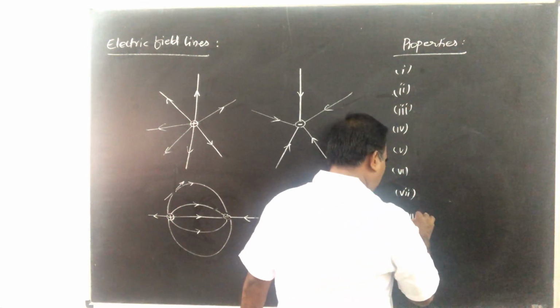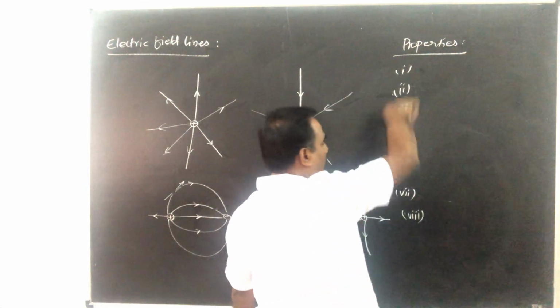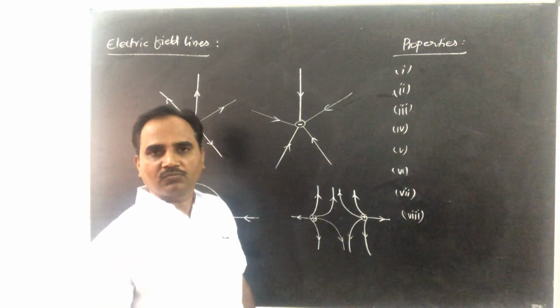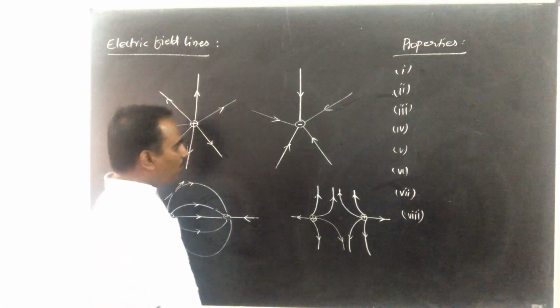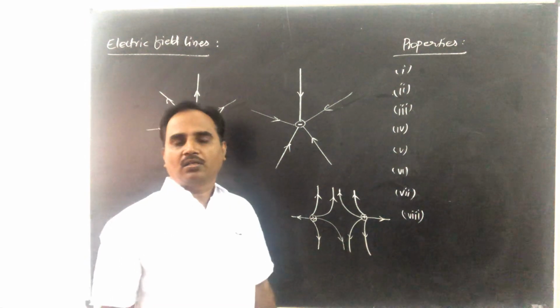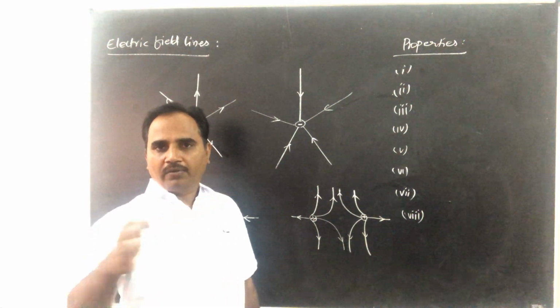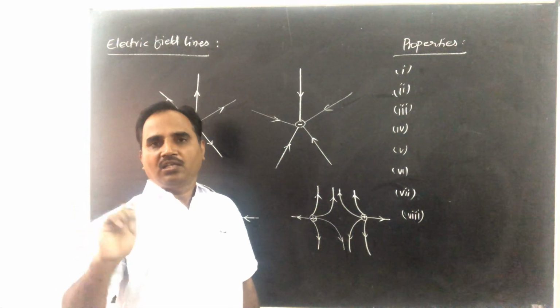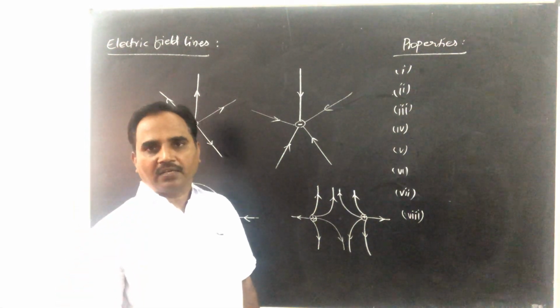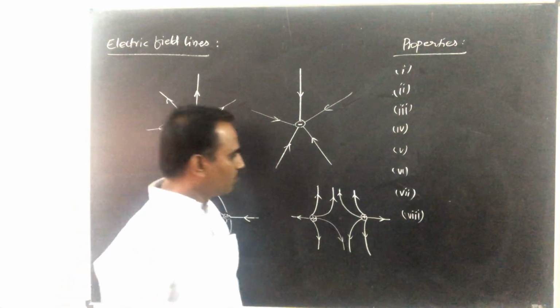The next important property here is, the number of electric field lines passing normally through a given area is a measure of strength of electric field. So this is one important statement.